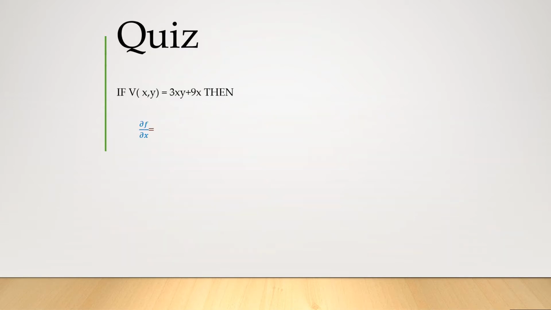Now let us have a quiz. Here v of xy is given by, here only two independent variables, 3xy plus 9x. Then what is dou f by dou x? I will give you 7 seconds. Think.